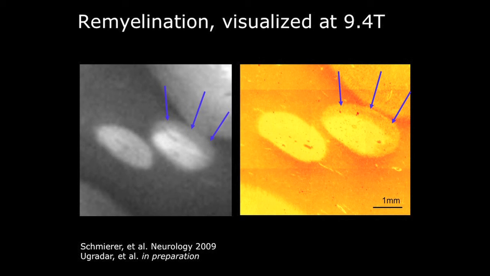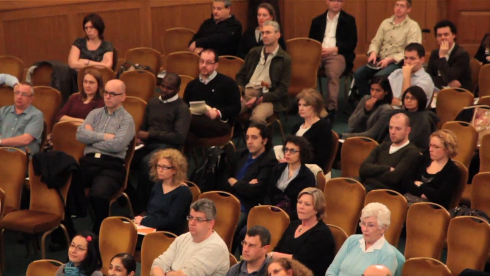So this is a lesion here, and this half moon of remyelinated area corresponds directly to this area on the MRI scan. But we're not quite there yet. The highest field scanners currently in use are 7 Tesla, and we've got only one in the UK so far, which is in Nottingham. So it's still a bit of a future task.